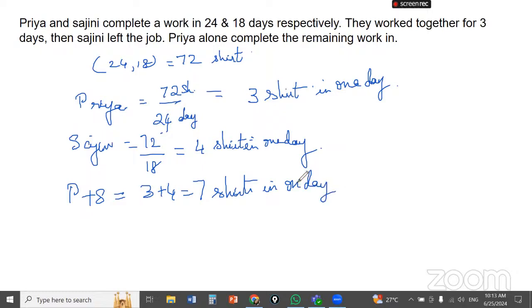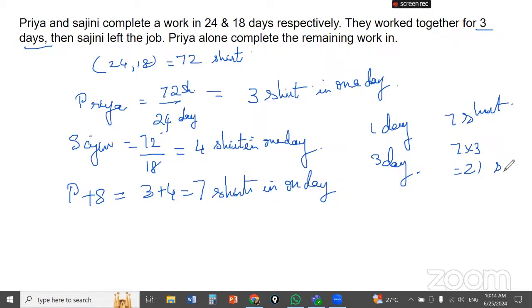It is given in the question that they are working together for 3 days. For one day, they are making 7 shirts. Then in 3 days, how many shirts will they be making? 7 into 3, they'll be making 21 shirts. So together, they are making 21 shirts in 3 days.